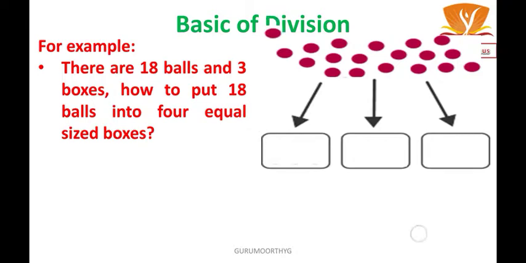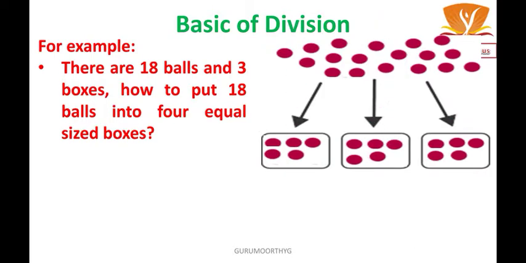Continue this process till all balls are over. 18 balls have been shared equally in 3 boxes to get 6 balls in each box. When we share equally or distribute equally, we call it division. We write it as 18 ÷ 3 = 6 and read it as 18 divided by 3 equals 6.